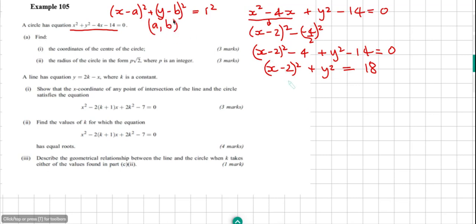So we can see that in our case, a is equal to 2. So that's the x coordinate of the centre of the circle. And because y isn't in a bracket at all, that's the equivalent of b being 0. So the coordinate of the centre of the circle is (2, 0). And so that's part 1, A1.